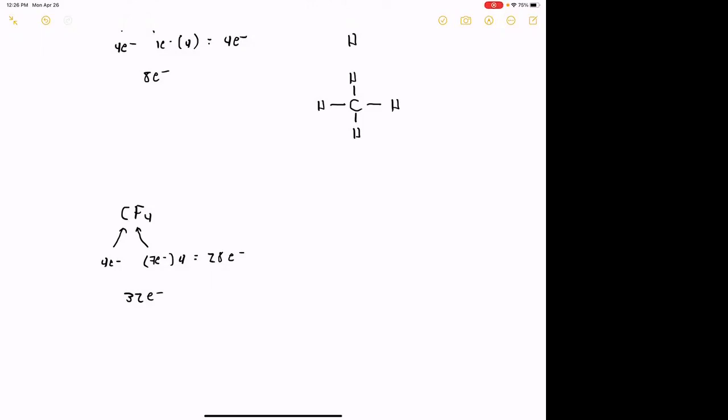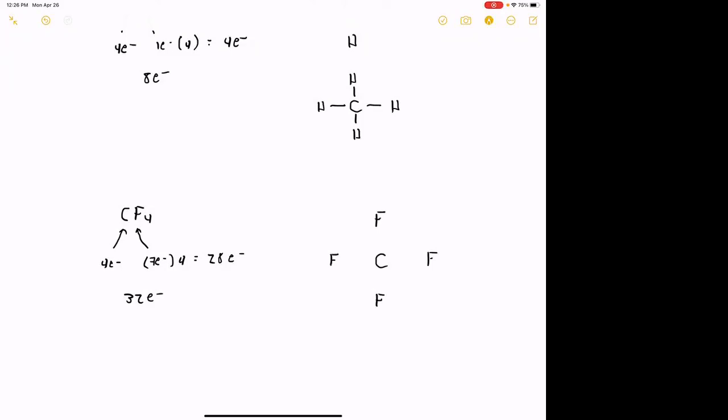I'll give you another hint. In many situations, they'll actually put the central element first in the formula. So that would suggest it's going to be carbon. And indeed, if you look at a periodic table, carbon lies to the left of fluorine. So that tells us that it's going to be in the middle. So we're going to put it there. Go ahead and put the fluorines around it. We need 4 of them.